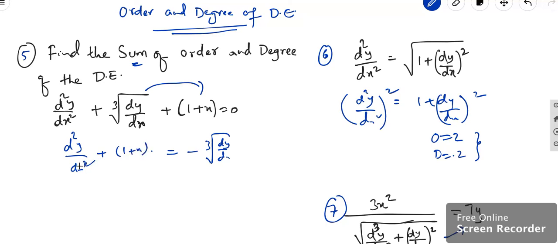The highest derivative is 2, so my order is going to be 2. And if I remove this radical, which is the third order, by cubing, I get rid of this cube root. So now the degree is 3, because my highest derivative is of order 2. So 2 plus 3 is going to be 5.